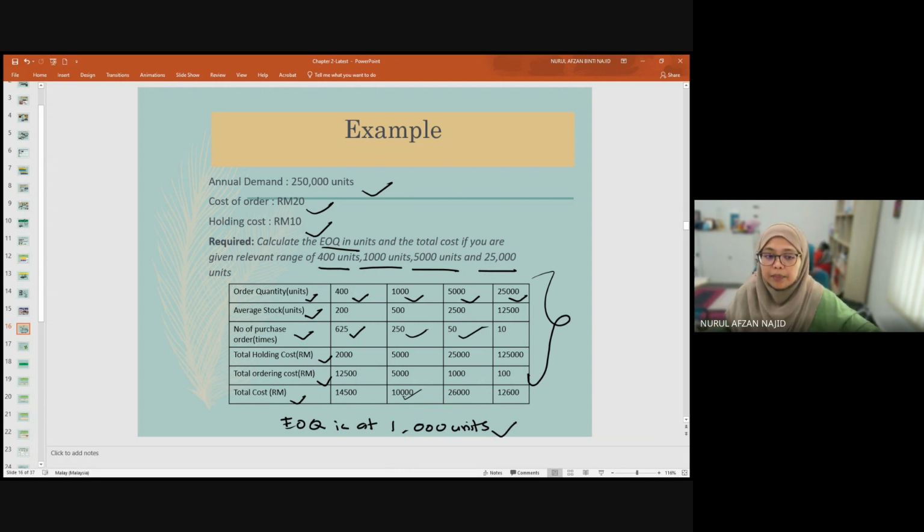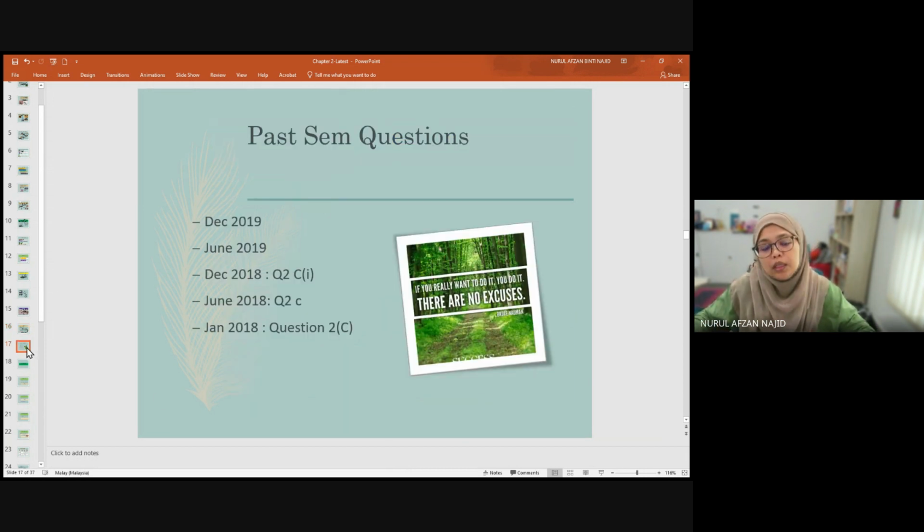You determine daripada total cost yang paling rendah. Okay, are you understand? Boleh, faham? Okay, good. Lagi? Good. Okay. Ada soalan? Yang ni dah boleh start dengan past semester question.